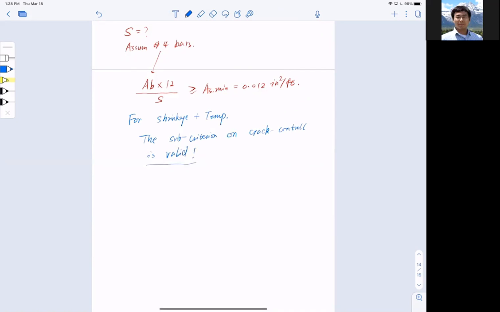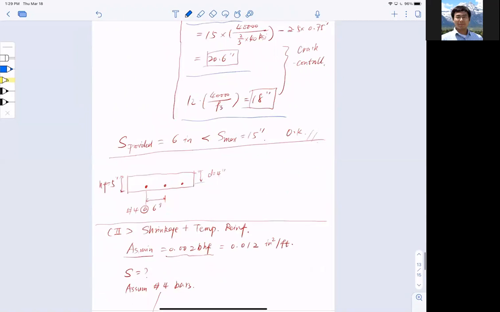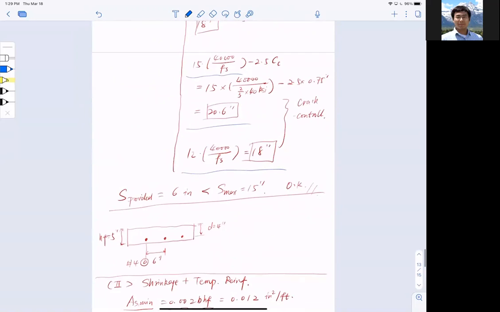This is new, fellows. So s max should be less than two equations. What are these two? Here and here, only these two. Deflection is not so much of an issue. So what are these two? This one is 15, and this one is 12.